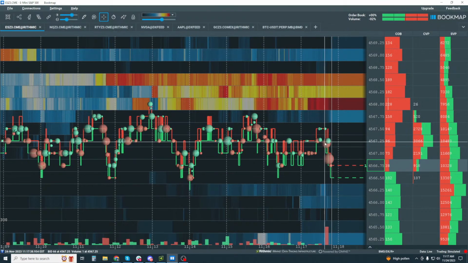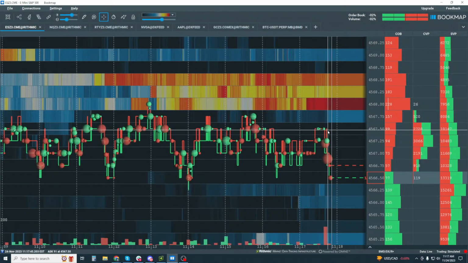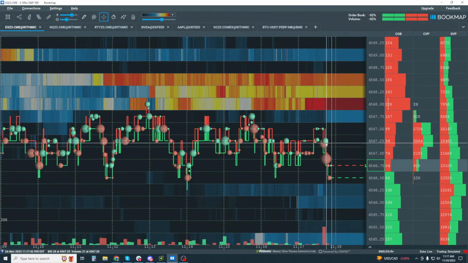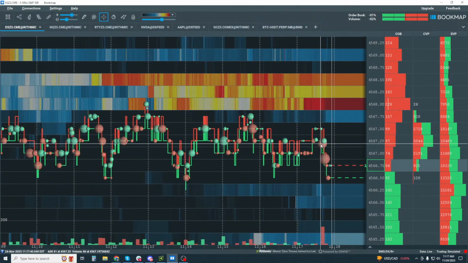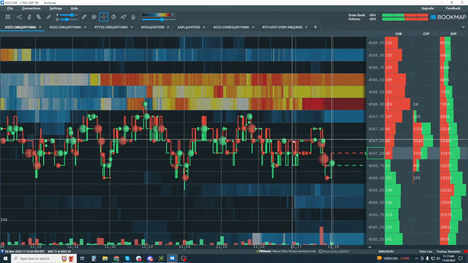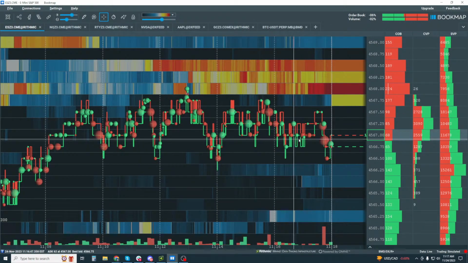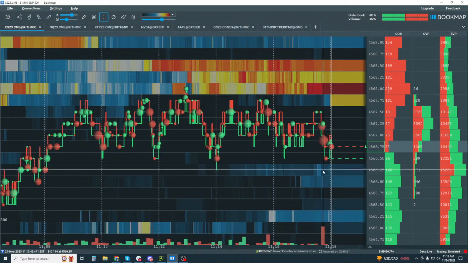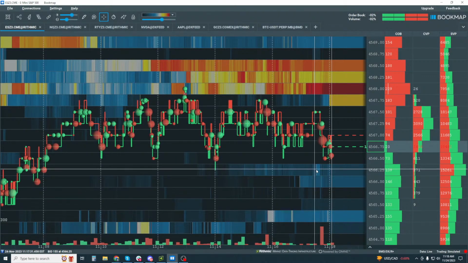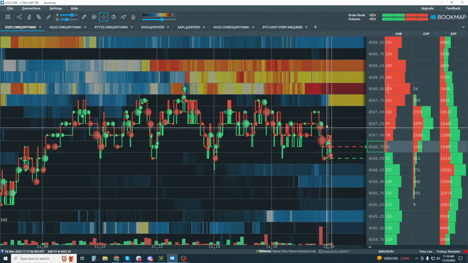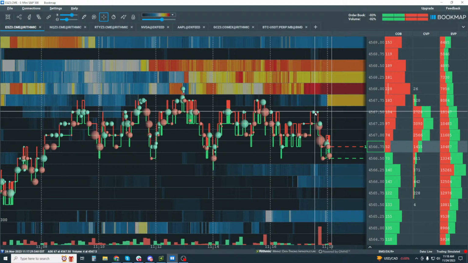And we're getting our answer right now. There's none. We didn't retest back up here. Instead, we found actually some sellers. So they were interested in this liquidity that we thought maybe would skew the order book, and we'd find more buyers up in here. We didn't.